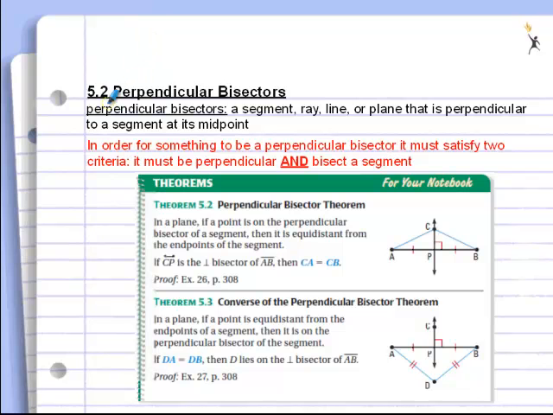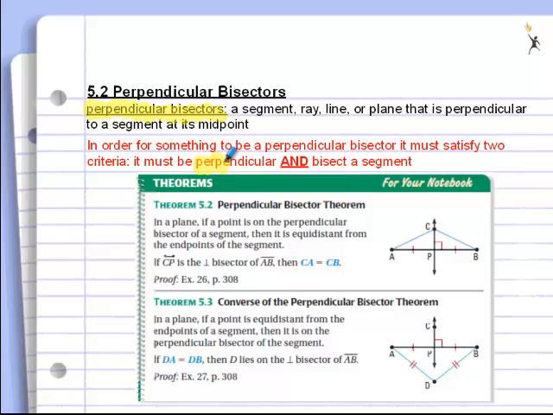A perpendicular bisector is a segment, a ray, a line, or a plane that is perpendicular to a segment at its midpoint. The words perpendicular bisector are very, very important. In order for something to be a perpendicular bisector, it must satisfy two criteria.